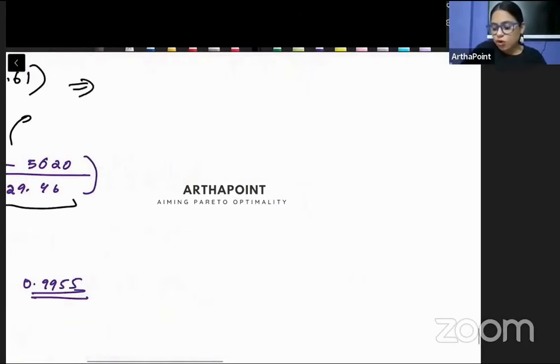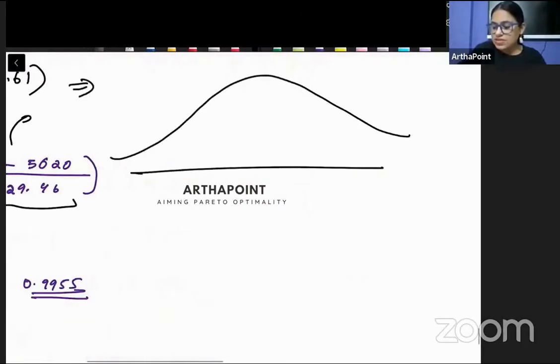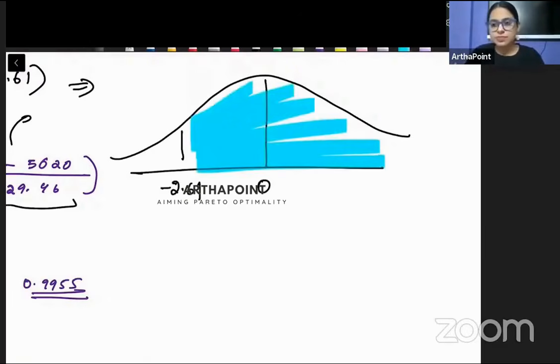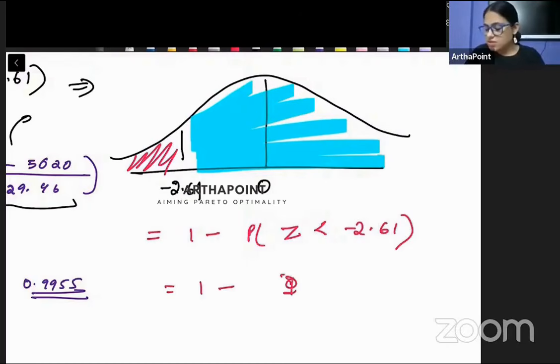So if I have to plot this, here is 0 because it's a standard normal variable. This is minus 2.61 and I need to find this area. This can be written as 1 minus probability z less than minus 2.61. And this is nothing but 1 minus the CDF at minus 2.61.